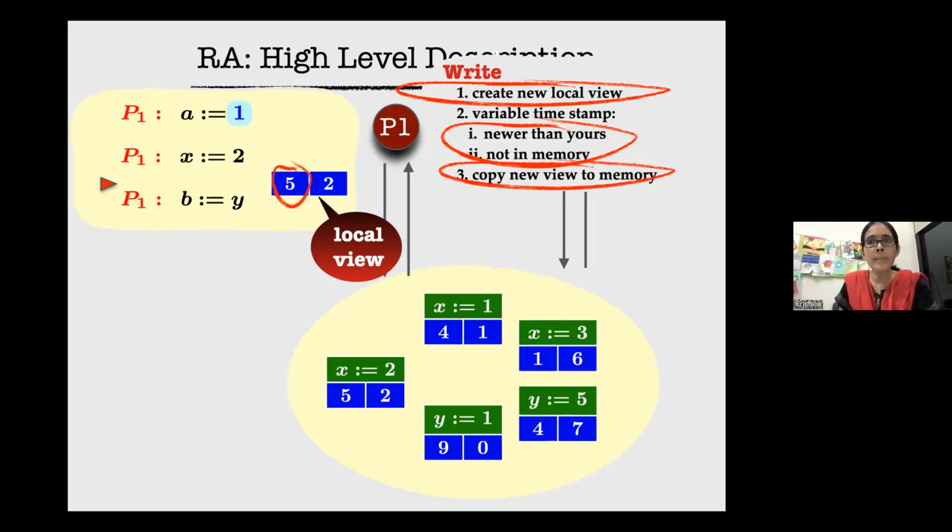If the message is inserted as a result of a relaxed write, then the only timestamp you will see is pertaining to the particular variable you have written to. For example, thinking in terms of x and y, if x equals 2 was a relaxed write, the message you add to the memory pool will say x is 2, 5, bot, or nothing, if you like. That is what would be put in the other slot.